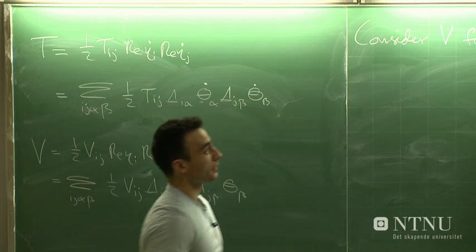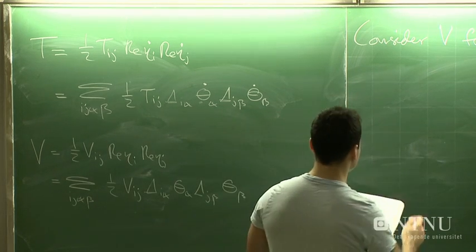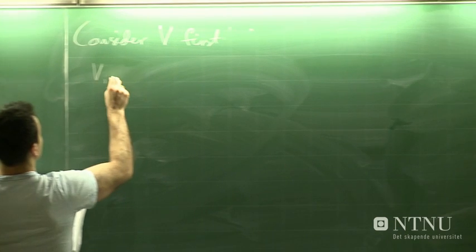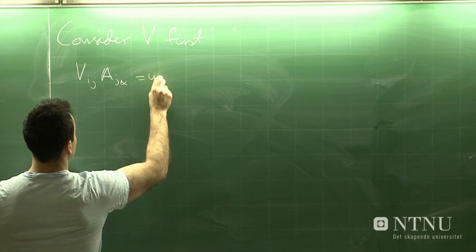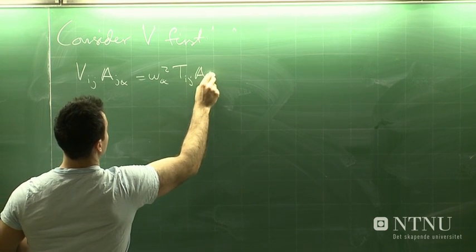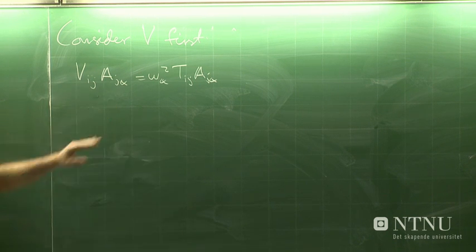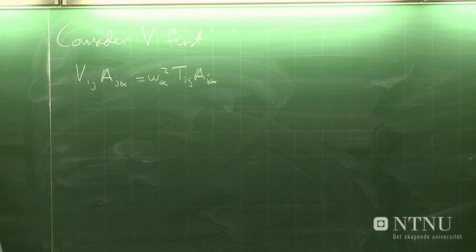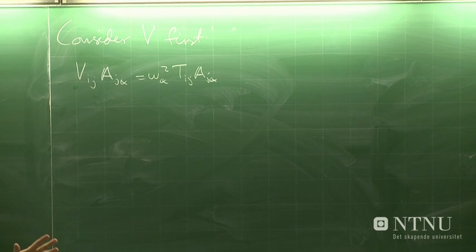Let's start off with the potential energy to see if we can simplify this. If we go back to our original equations, we had the following when we wrote eta in terms of this complex coefficient A. So this is, for instance, the equation we used to find this determinant condition for the eigenfrequencies.